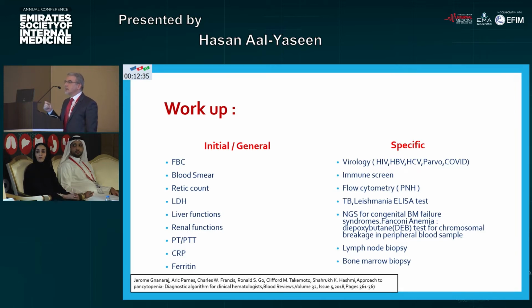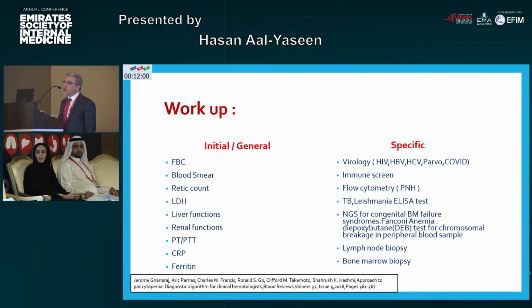So you can then order virology screen for the famous parvovirus, HIV, hepatitis C, hepatitis B, and of course our new guest, COVID. You can request, according to the presentation and the result, labs for collagen vascular disease, flow cytometry for PNH if you suspect PNH, chronic infections like TB, leishmania, malaria, and if you are suspecting congenital aplasias, then you can order NGS.